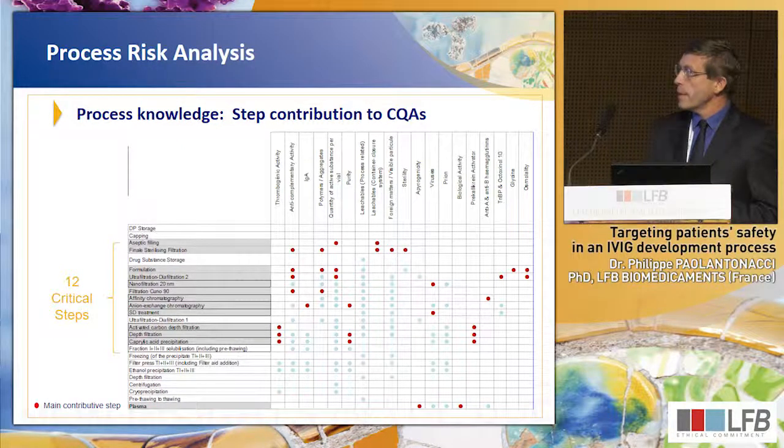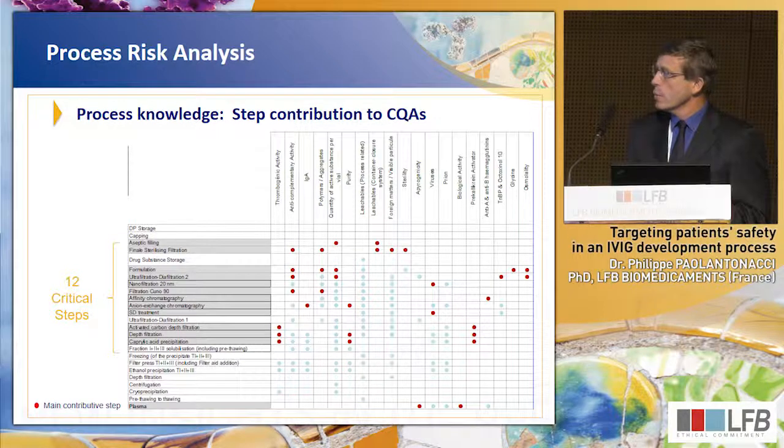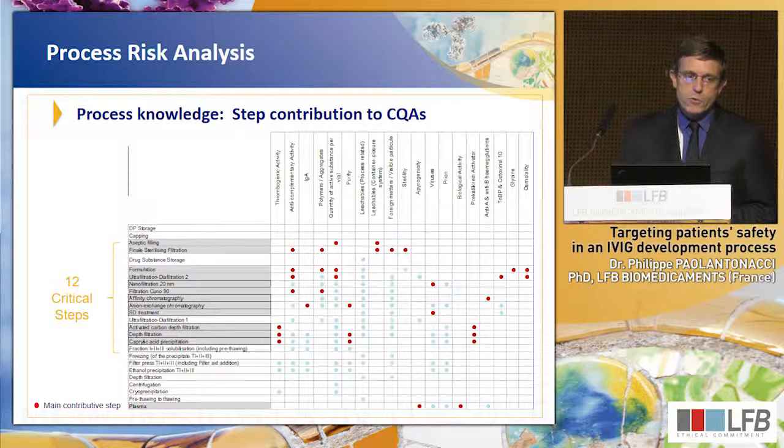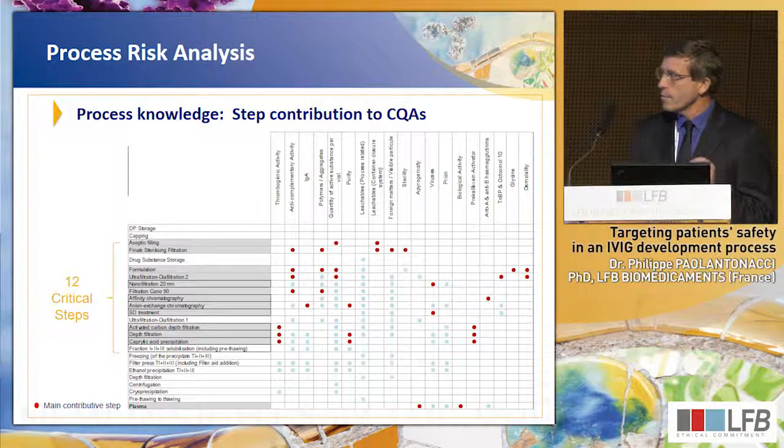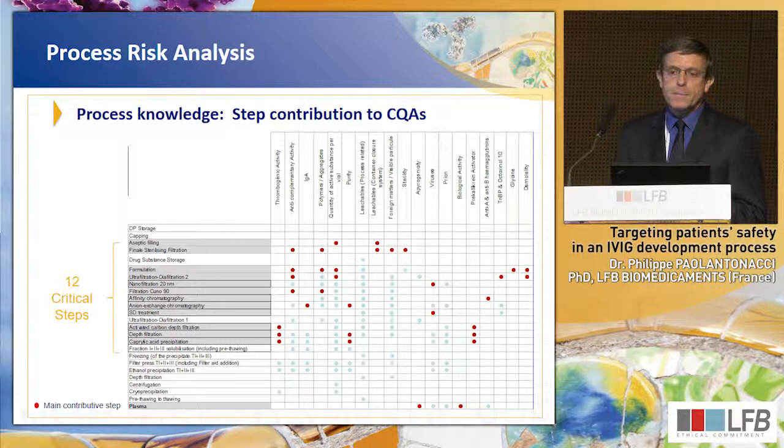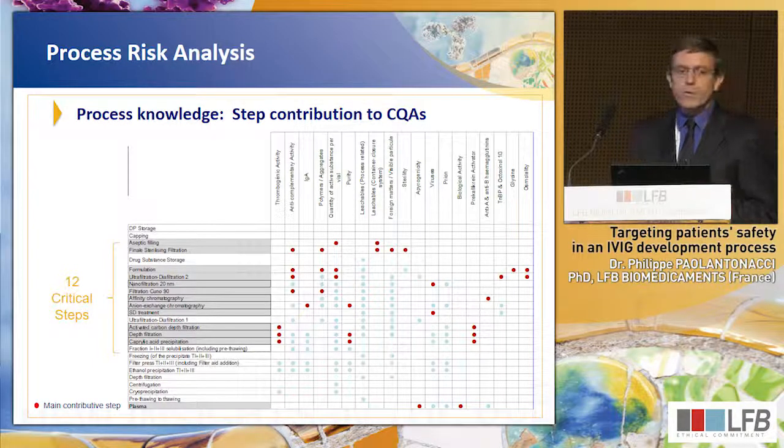The first step was based on process knowledge and on identification of each step's contribution to each quality attribute of the product. We can identify whether it's a major or minor contribution, and in this way define what the critical steps of the process are and focus our development on these steps.